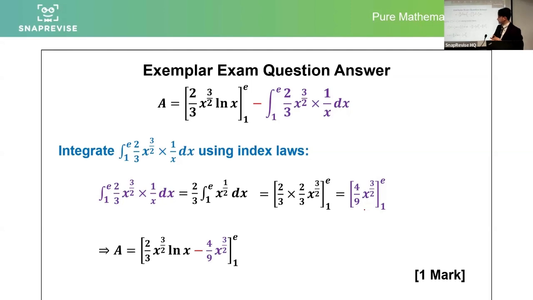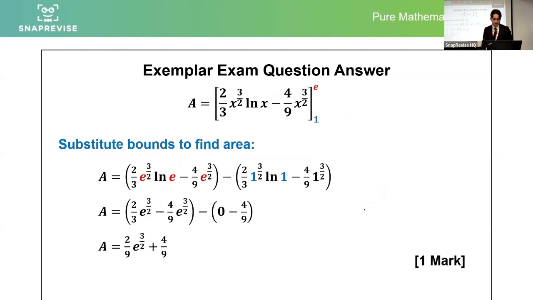Now you can do that integration, and then sub the bounds in of e and 1. Okay, so I'll just give you a minute to have a little look at that. And if you sub those bounds in, leave it exact, our final answer is 2/9 e to the 3 over 2 plus 4 over 9. Now, I'll give you a minute to look over that.